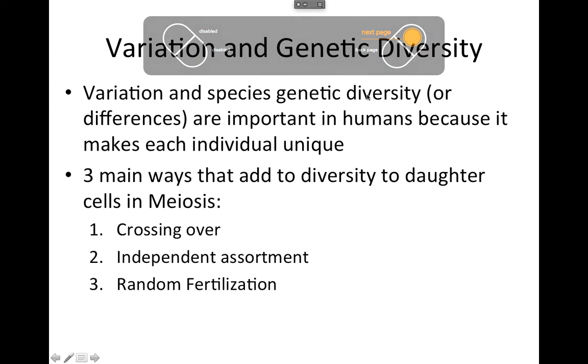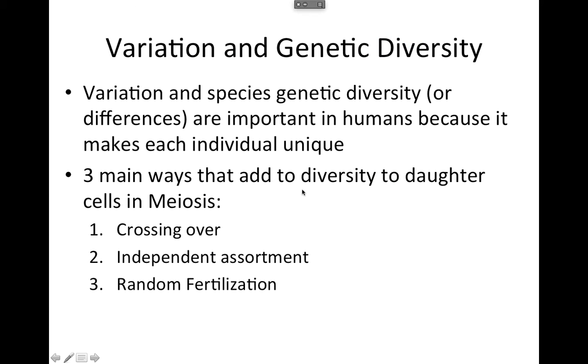So if we take a look at that, there are 3 main ways to add diversity to daughter cells in meiosis. One of those is crossing over. The other one is called independent assortment, meaning during metaphase, when the chromosomes line up in the middle, a chromosome can line up independently, and it doesn't matter where they go.